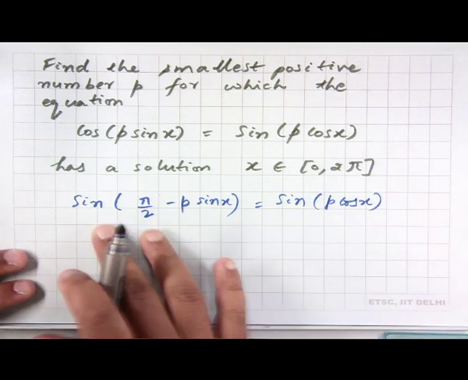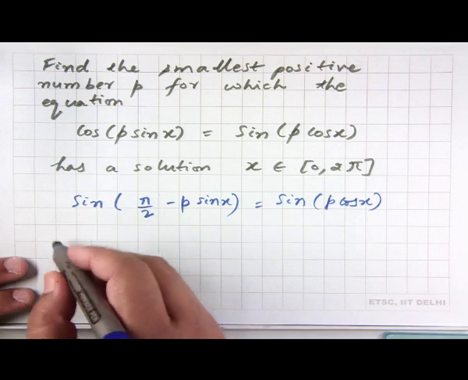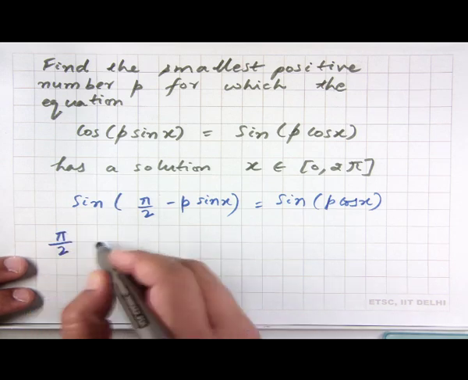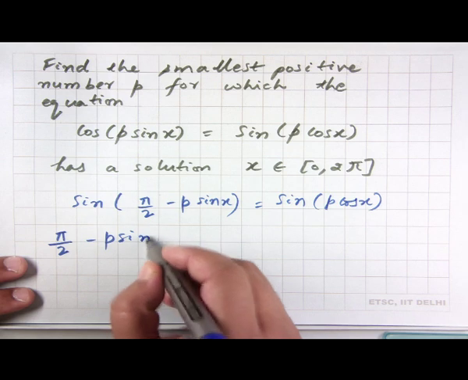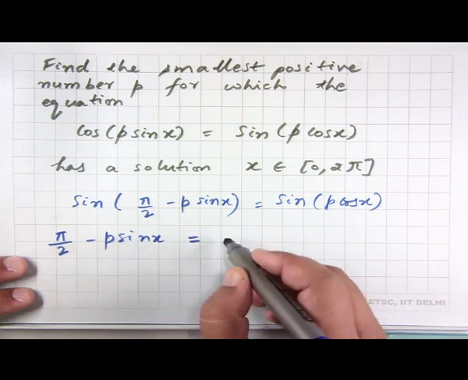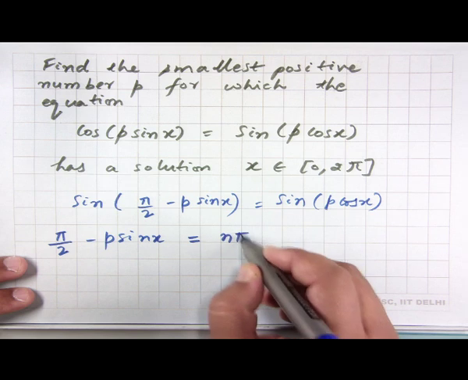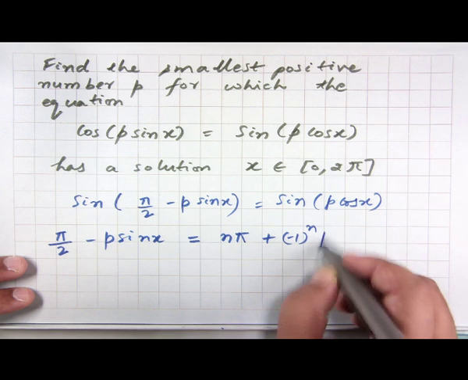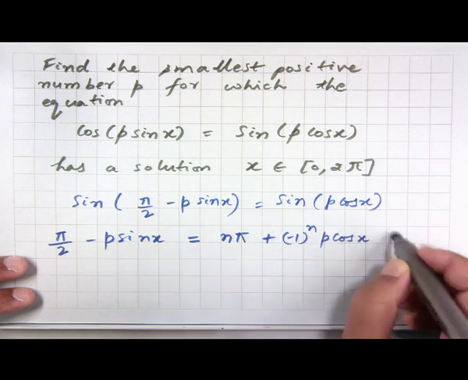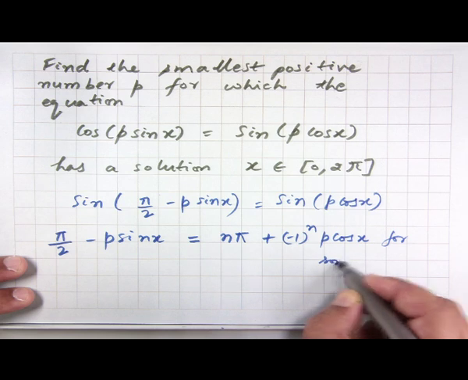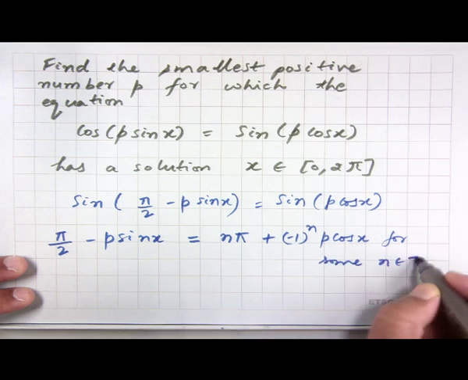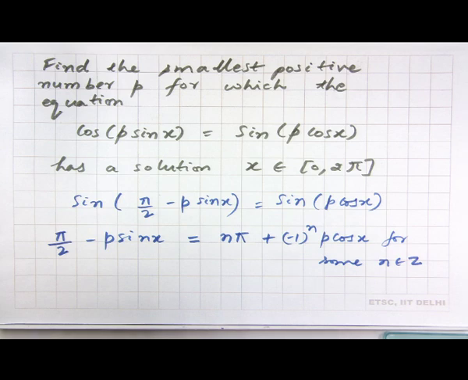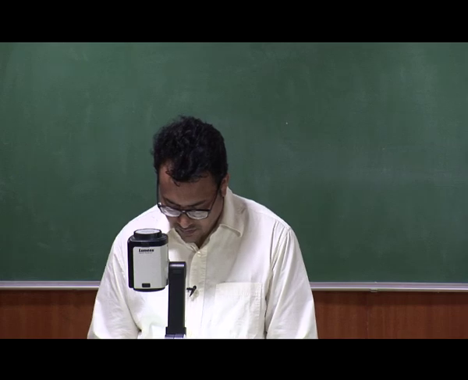So, for this to be true, it must hold that pi by 2 minus p sin x should be equal to n pi plus (minus 1) to the power of n times p cos x for some integer n.